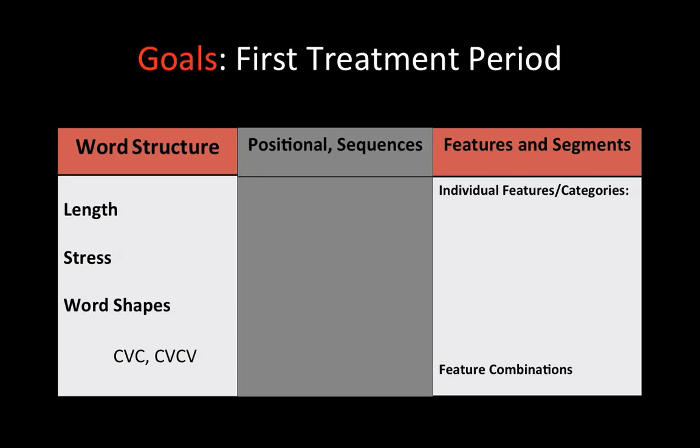But before we move on, should we target clusters too in this first treatment period? I heard him say S when we were playing with the snake. So we could put S on the outside of CV extrametrically and get spy, stay, smee, snow, like snow. That way we avoid final consonants of CCVC, but get him to put S into words.